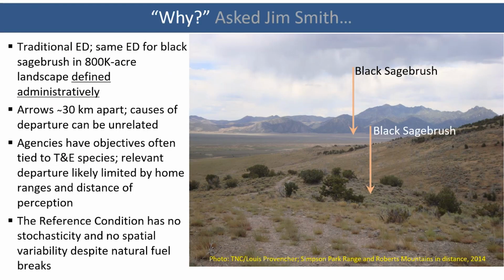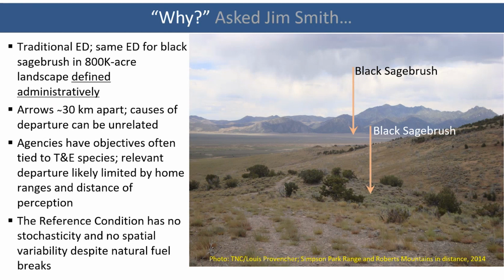So imagine this is one of our landscapes that we did an assessment for Barrick Gold Corporation. You have the 2 arrows there pointing at black sagebrush. And this is an administratively defined landscape. There's no ecology for this landscape.